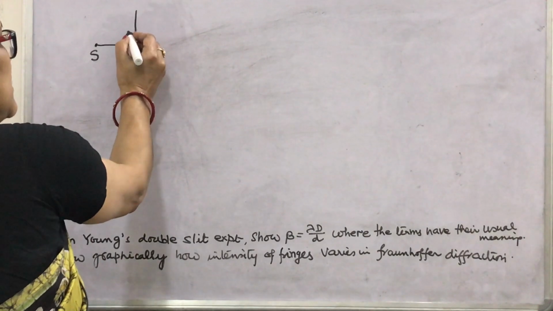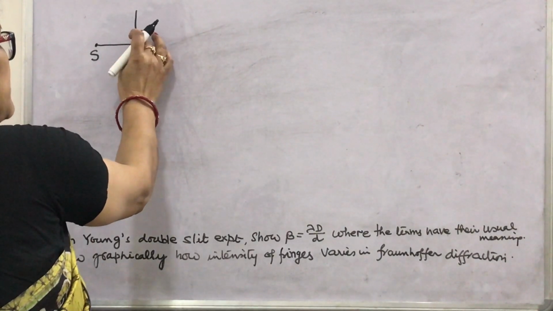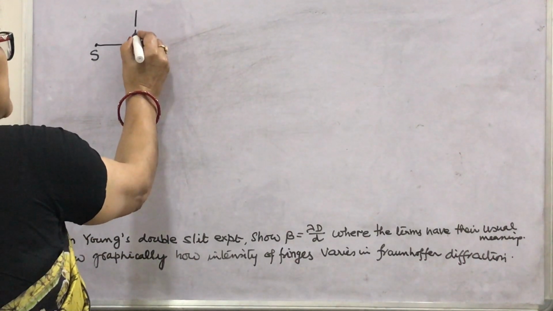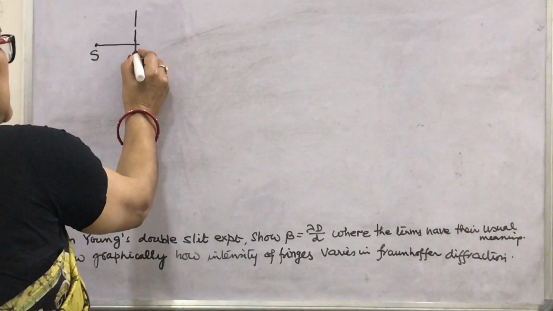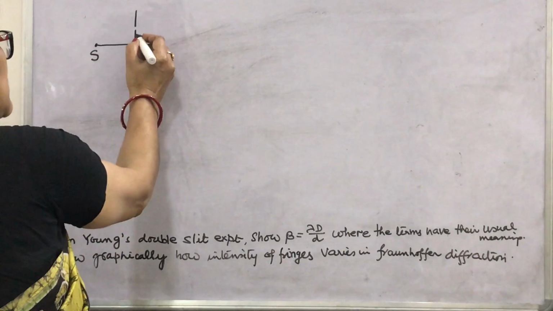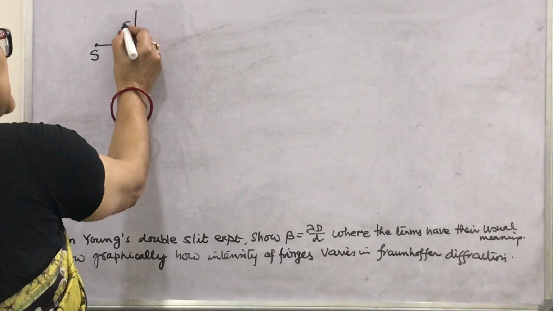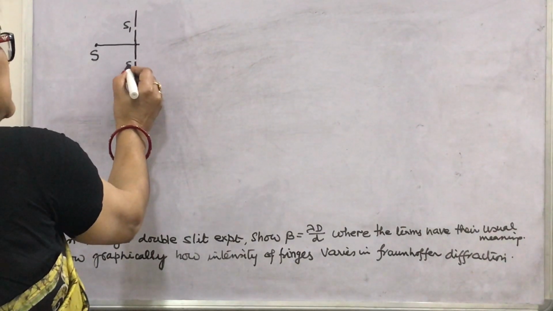Look here, if this is the source, I am drawing the bigger one here, this one is the first source and this one is the second source. So this distance and this distance are the same, if this is S1 and this is S2.